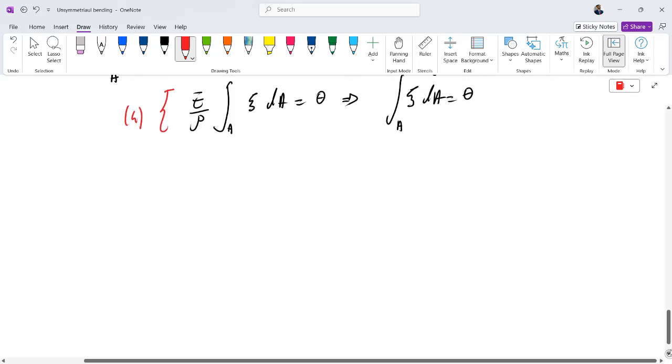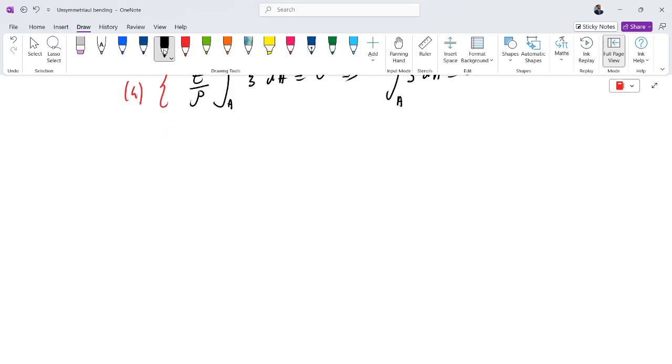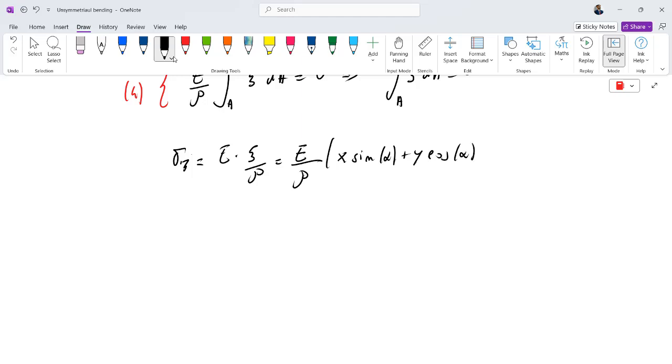Now we can express sigma z equal to Young's modulus times zeta divided by rho, that is epsilon zeta, and this is equal to Young's modulus divided by rho multiplied by x sine alpha plus y cosine alpha. All the stuff here is the sixth equation.